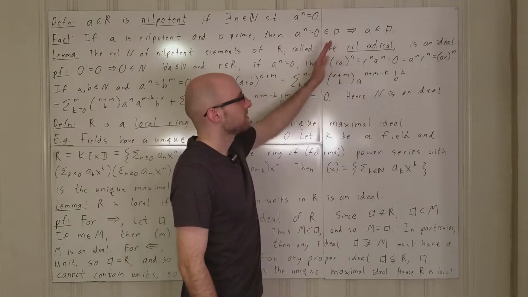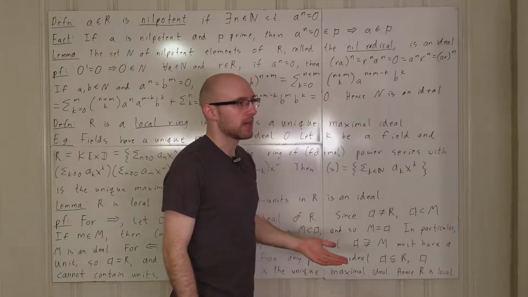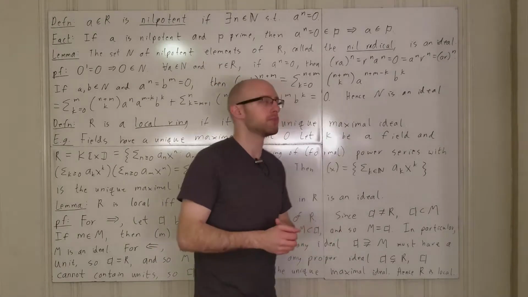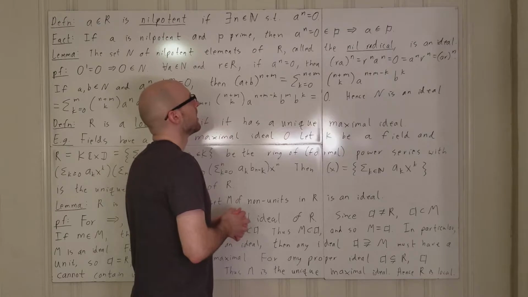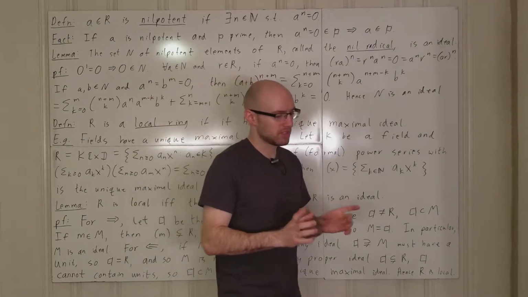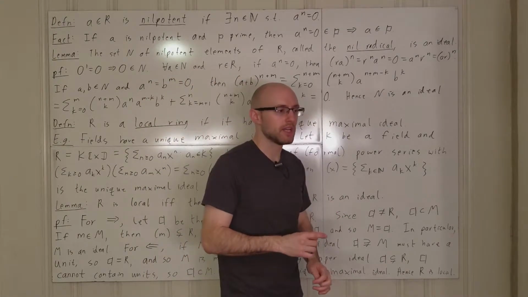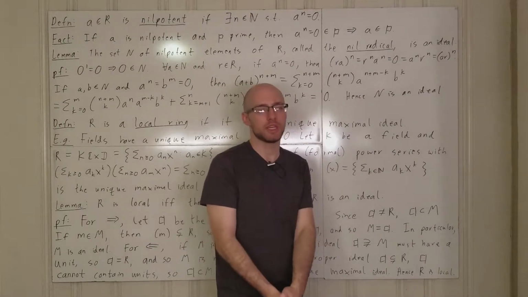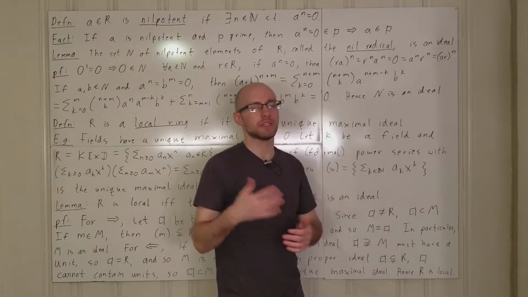But 0 is in P since every single ideal contains 0. And remember that the condition for being prime means that if a times b is in P, then either a is in P or b is in P.